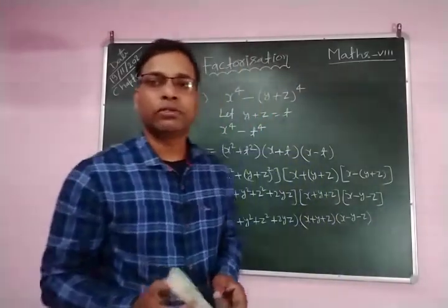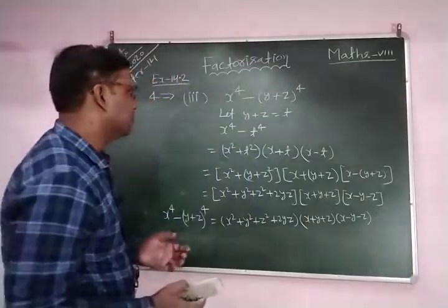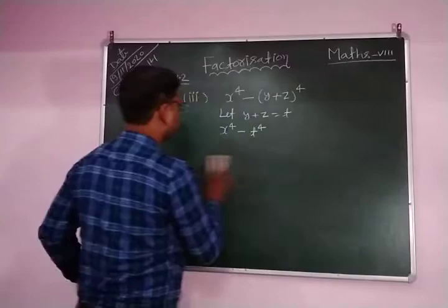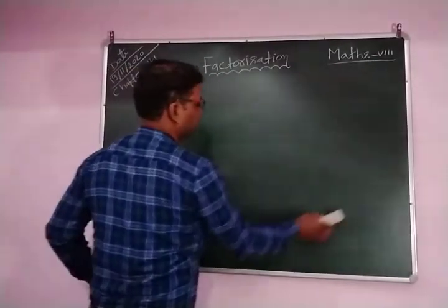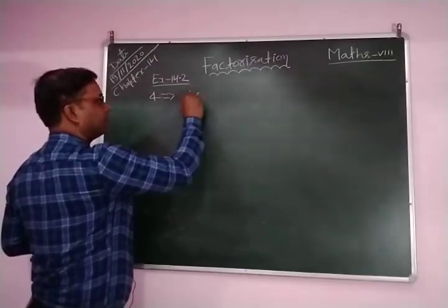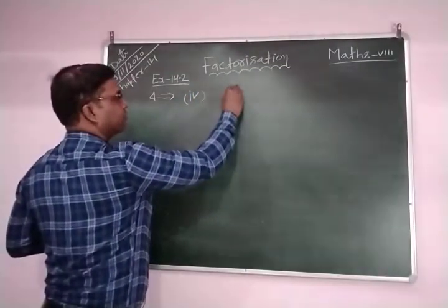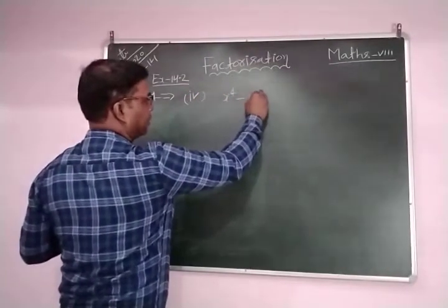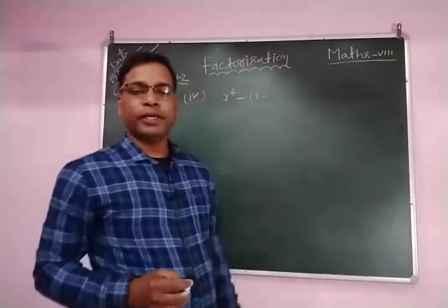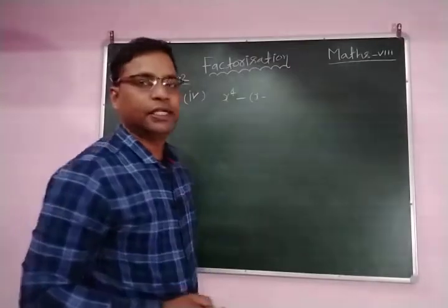So let's see how to find the factors of this. Here this is given, x power 4 minus x minus z power 4.